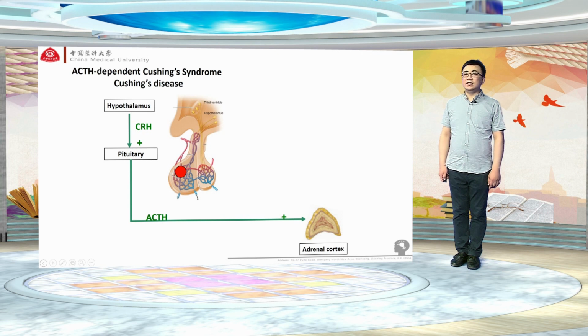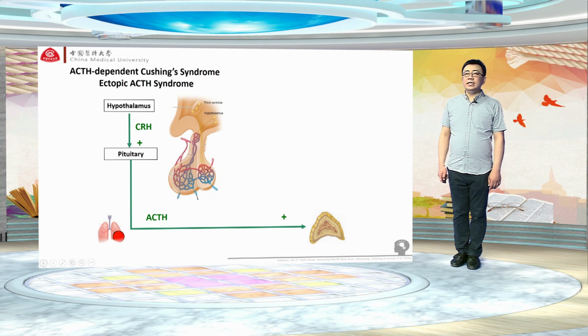First, Cushing's disease. It is the most common type of Cushing syndrome, and it is a kind of ACTH-dependent Cushing syndrome. In this kind of patient, you can see the pituitary has a tumor or hyperplasia and causes ACTH elevation, and then the adrenal cortex will secrete more cortisol.